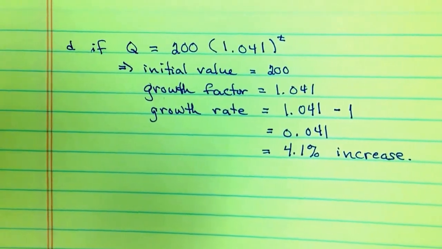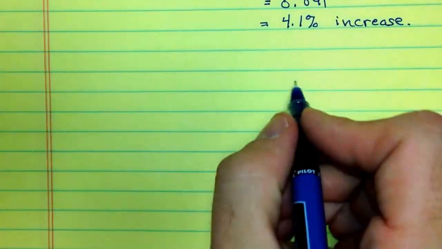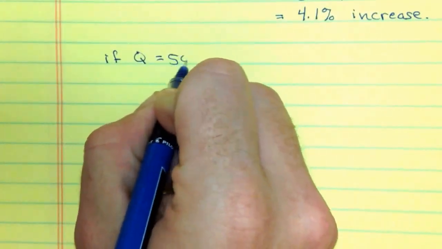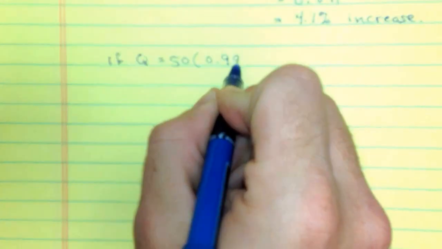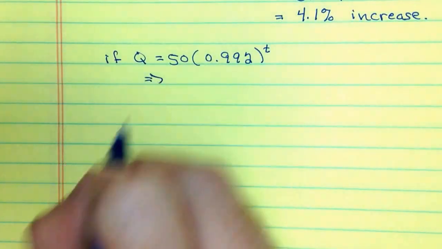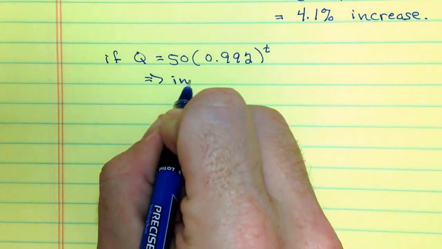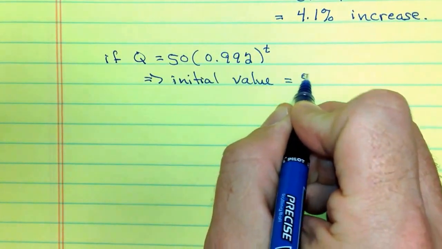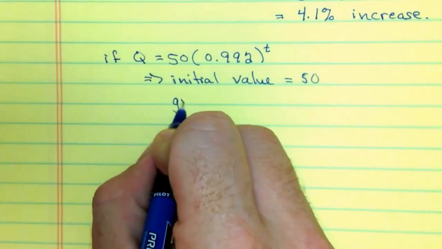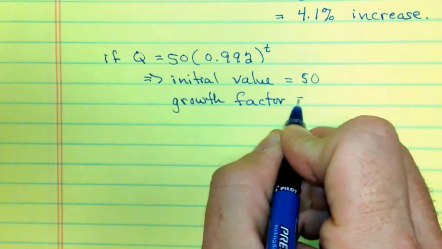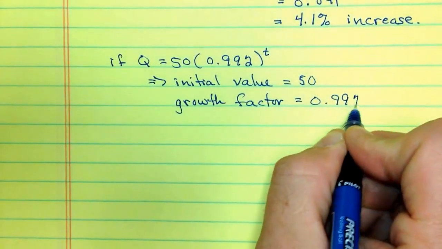All right, try another one. If we have q equals 50 times 0.992 raised to the t, then what are all the values? The initial value is 50. The growth factor is 0.992.